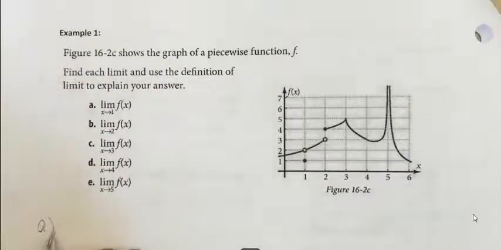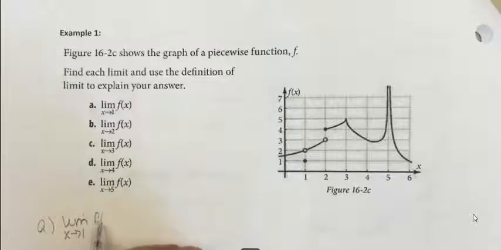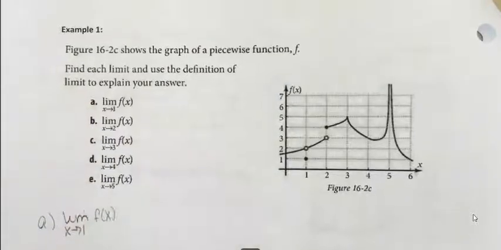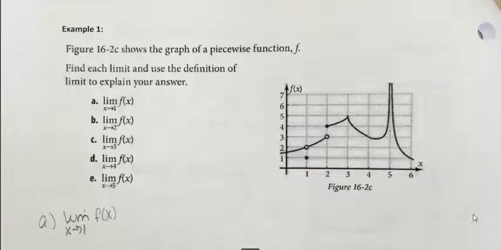So the limit as x approaches 1 of f of x. Remember, the definition said that you were approaching it from both the left and the right, and it wasn't where x equals c, it's as x approaches c. So it's as we get close to 1, not at 1.